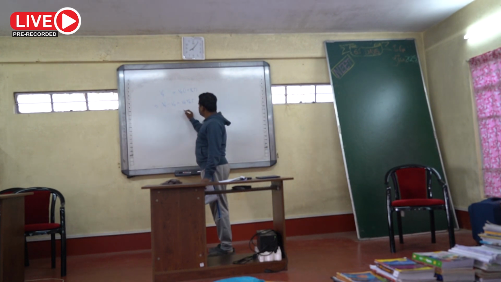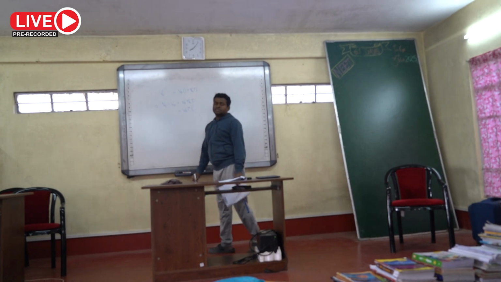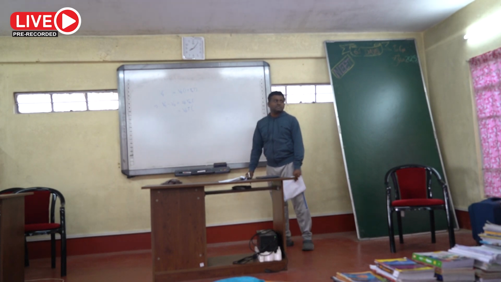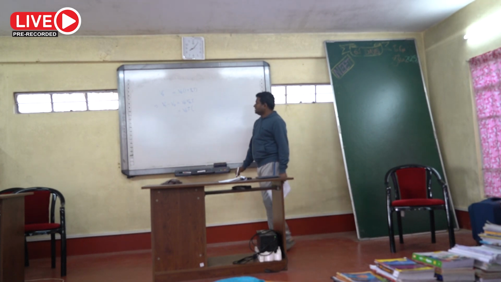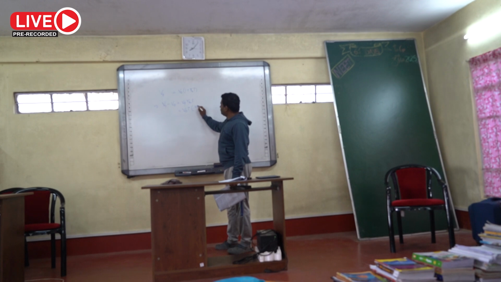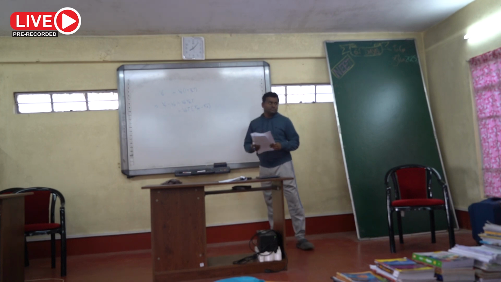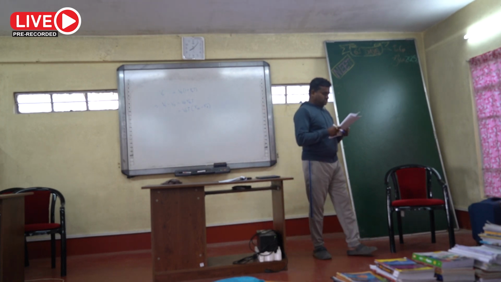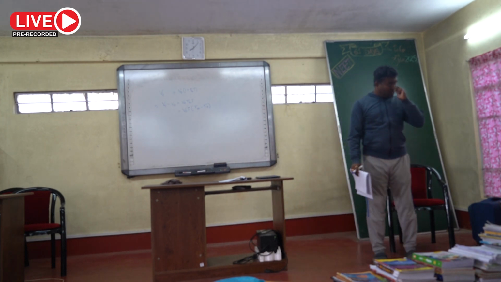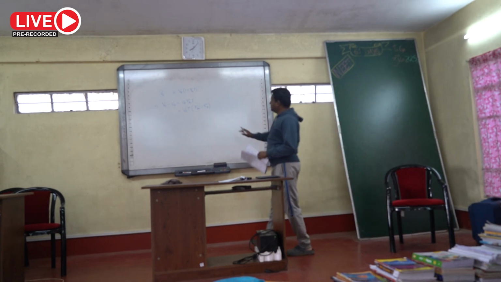Then this one can be written as V naught into T. Gamma apparent means gamma real minus gamma solid. Gamma real for mercury, gamma M, minus gamma for the solid container, the glass container.